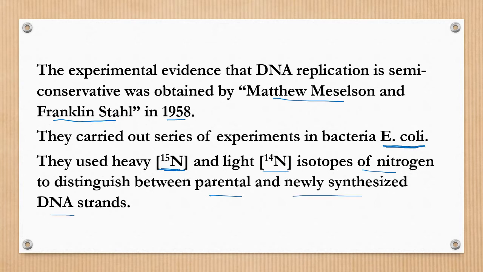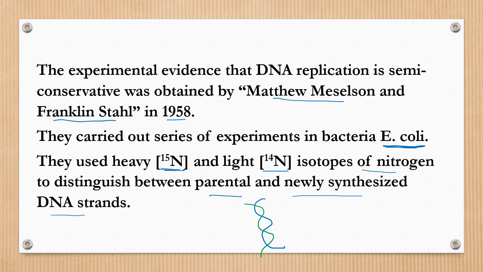In semi-conservative replication, the newly formed DNA consists of one old strand and a newly synthesized strand. Two strands are present: one belongs to the old and another belongs to the new.